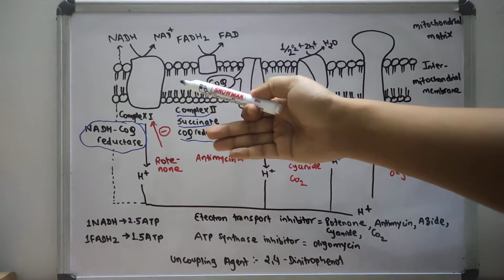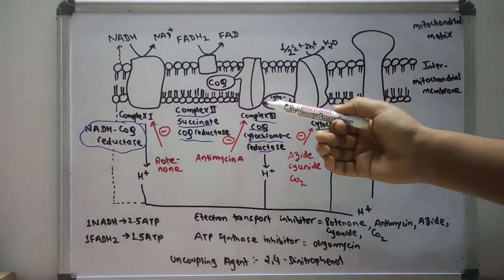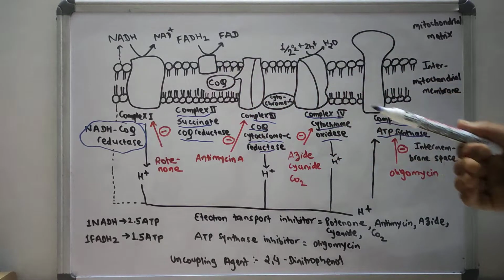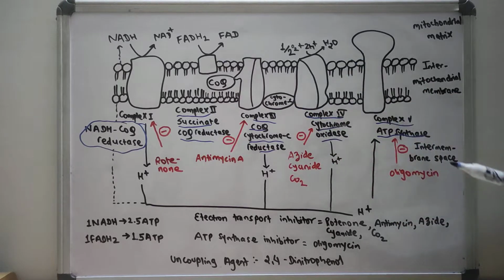So what happens in complex 1 is the transportation of the NADH electron, and in complex 2 there is the transportation of the FADH2 electron. Complex 3 helps to transport those NADH and FADH2 electrons, and complex 4 is required for the formation of water.